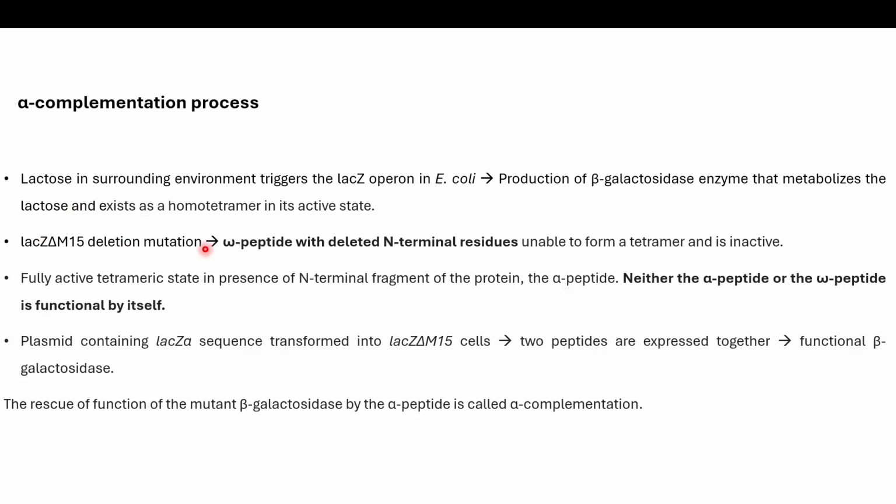This particular mutation, the delta M15 mutation, produces the omega peptide without the N terminal part, and the N terminal part is called the alpha peptide. Individually, the alpha peptide or omega peptide can't form a functional beta galactosidase, but whenever the alpha peptide and the omega peptide are both present, they will form the functional beta galactosidase enzyme.